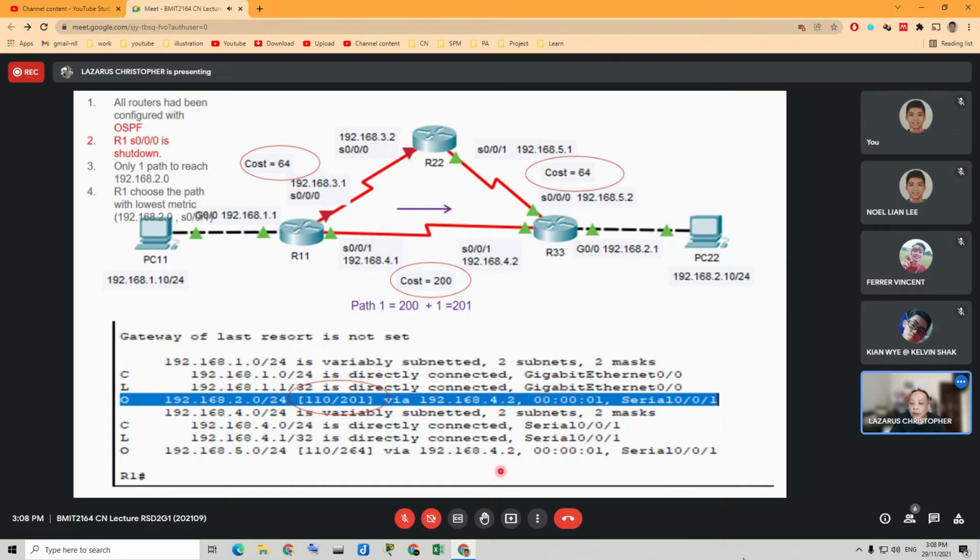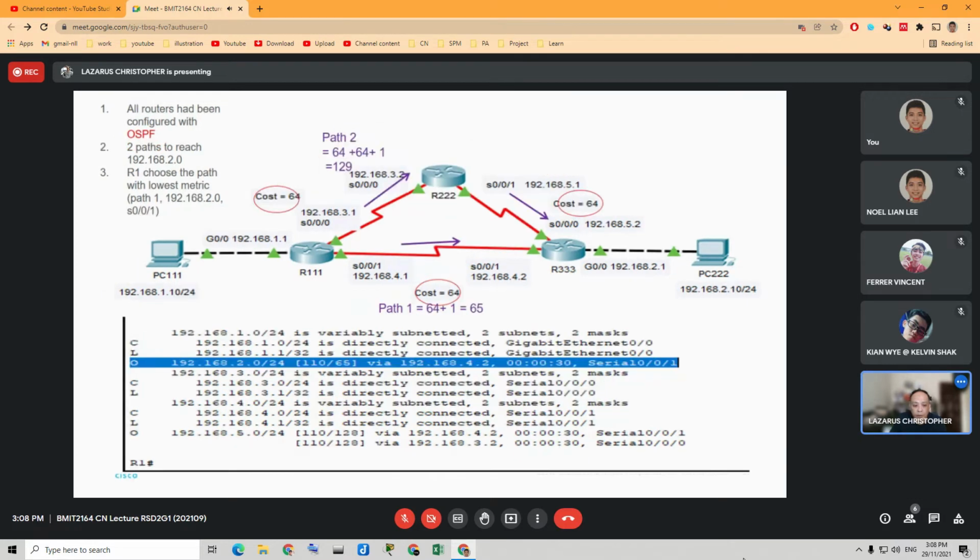All right. So in this case, both are enabled. And then here we change the cost to 64.